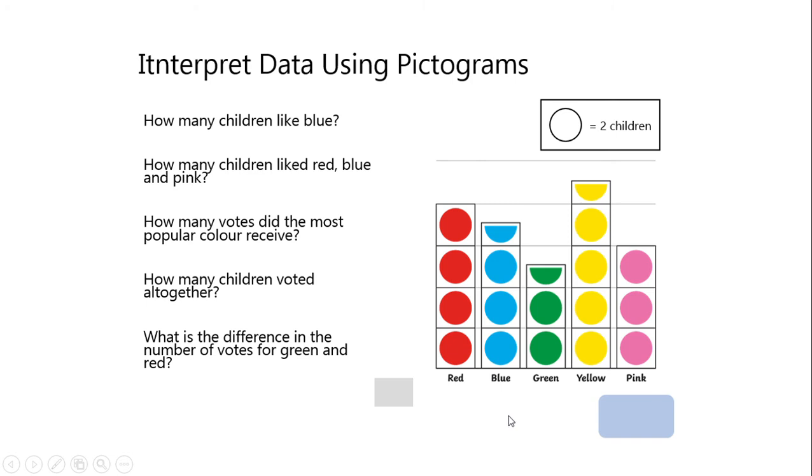The next question says, what is the difference in the number of votes for green and red? So we would have to see how many children voted for red, how many children voted for green, and find the difference.